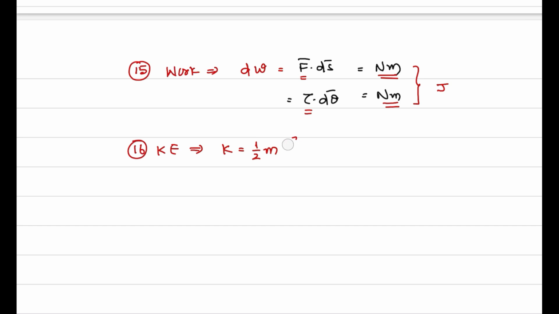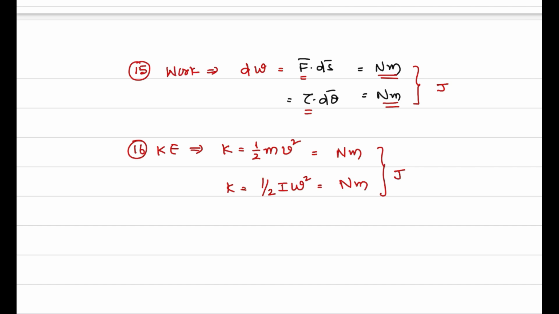Because it is a scalar quantity, we can have only magnitudes. Half mv square is also Newton meter. In rotation, kinetic energy is equal to half I omega square. That is also Newton meter. Newton meter is nothing but joule.